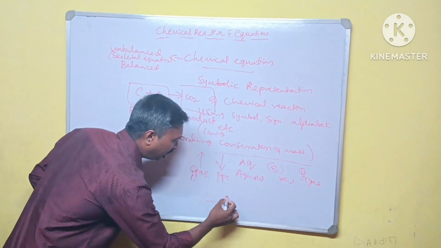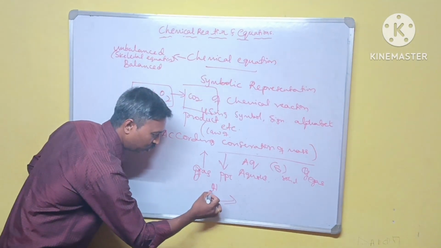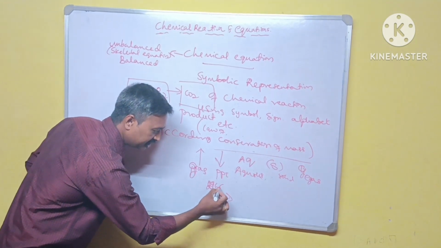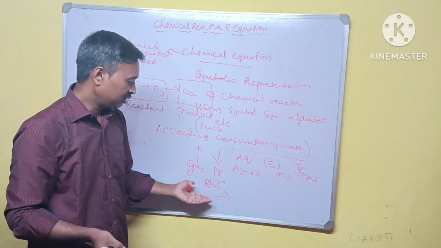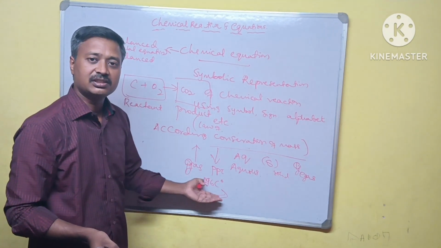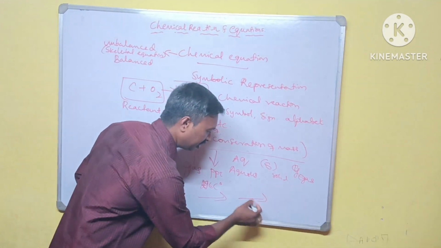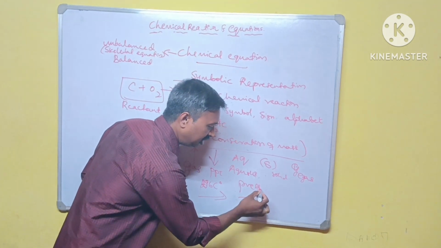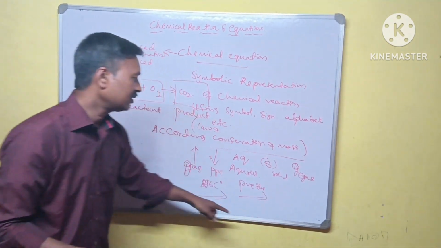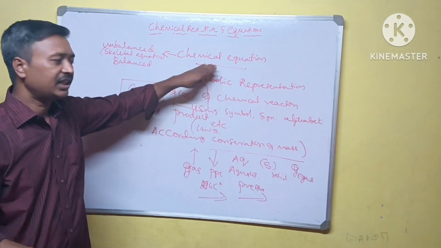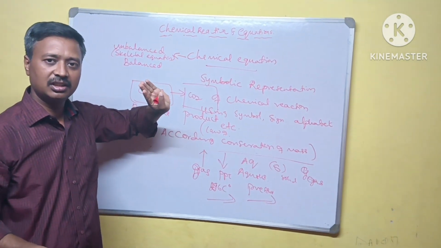If you write anything on the arrow, like heat or 296 Kelvin, that means the reaction is conducted at that temperature. If you write pressure, it is under pressure. These are all the symbols and signs we use while writing a chemical equation.